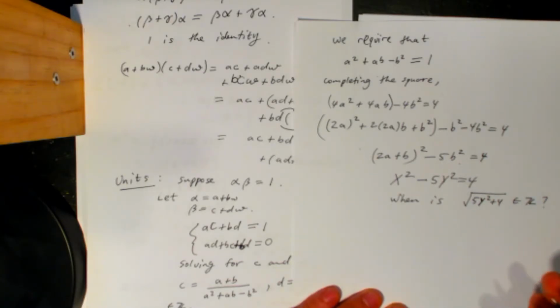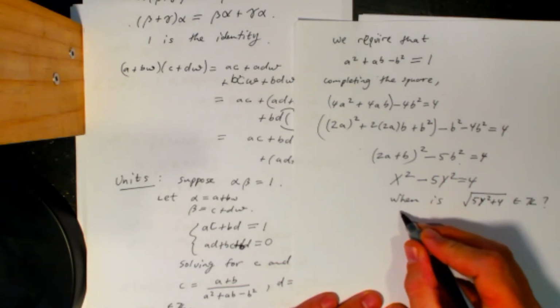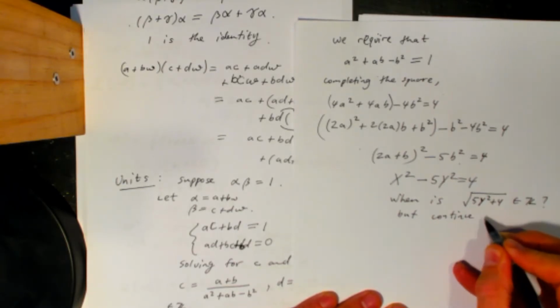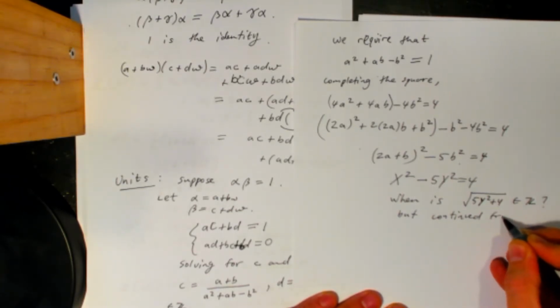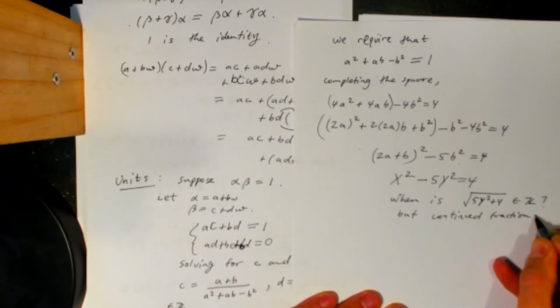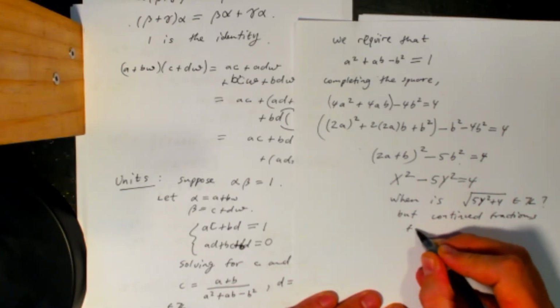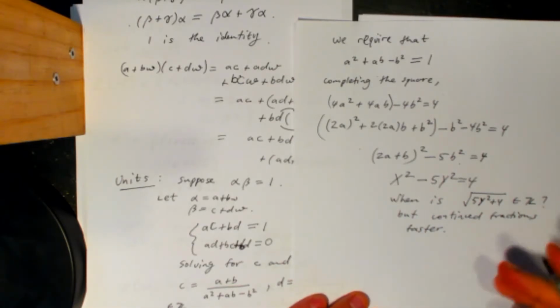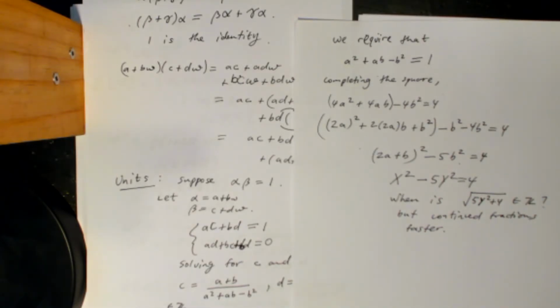But this can be slow, right? There are more sophisticated methods, continued fractions, which are faster, but it takes a while to set up the continued fraction approach.